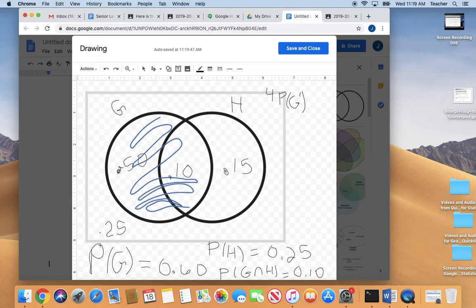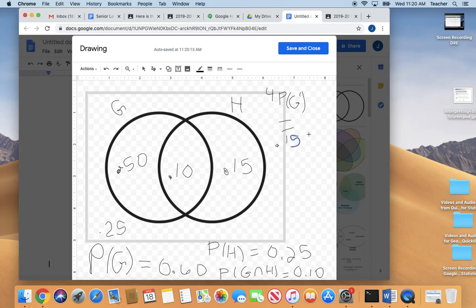So that's this 0.15 and this 0.25 here that are not in G. So to get that answer for a G complement for number 4, I would take 0.15 plus 0.25, and number 4 should be 0.40. Okay, so that should be number 4.